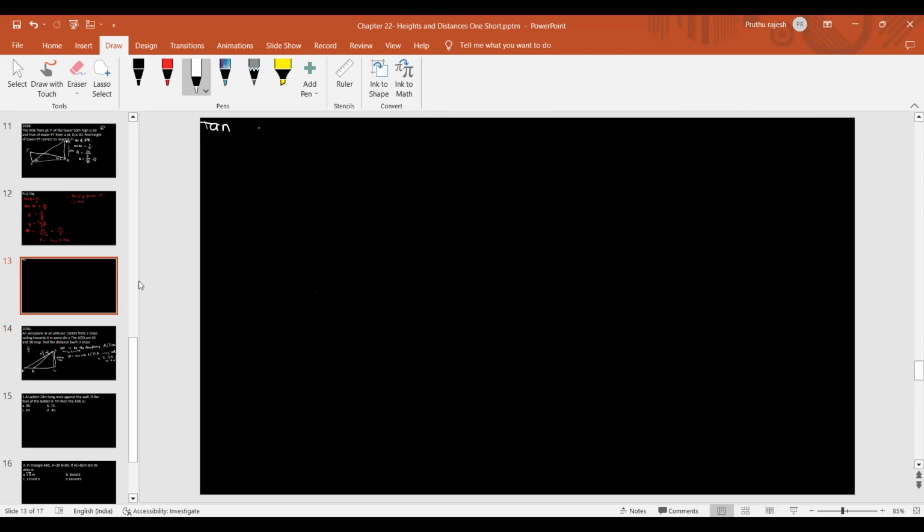In triangle DBC, tan 45 is equal to perpendicular by base.